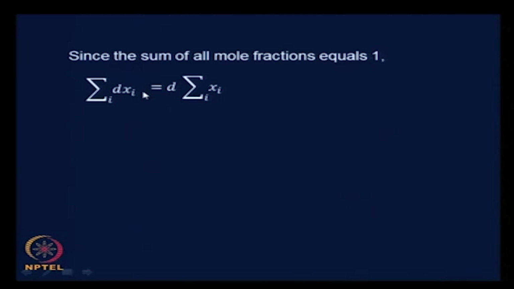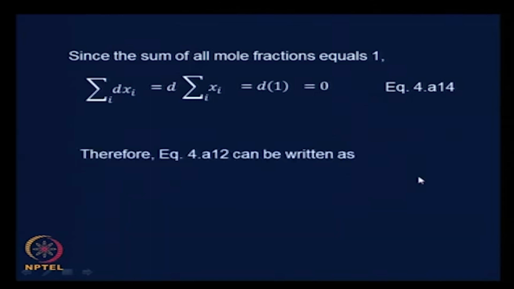The commutative property holds here. Therefore, d of the sum over xi, and what is the sum over xi? It's nothing but 1 because the sum of mole fractions equals 1, and the derivative of a constant we know is 0, and therefore this goes to 0. Equation 4a14.